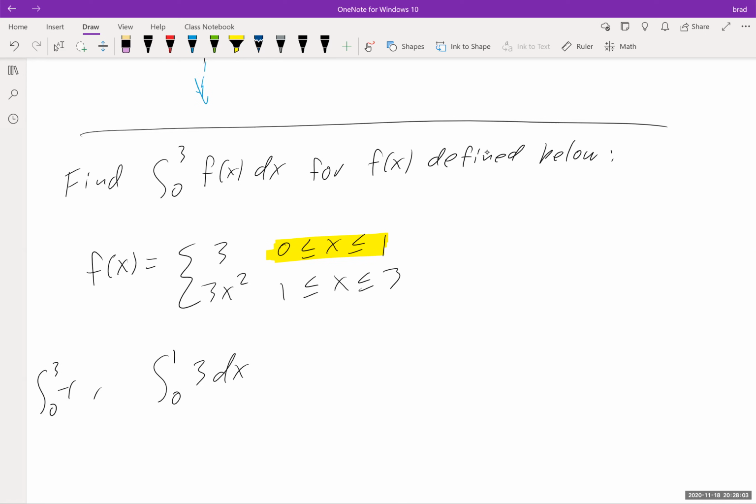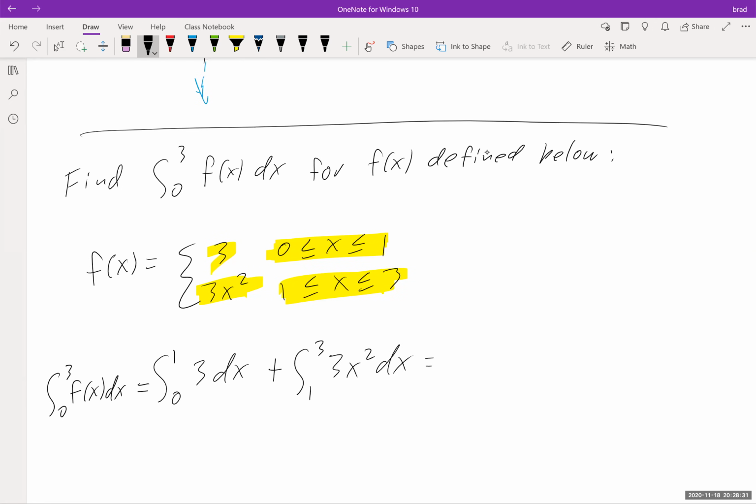Let me write this a little cleaner. So the integral from 0 to 3 of f of x dx is going to be the split of these two integrals added. So plus the integral from 1 to 3, right? So now I'm doing this domain restriction, but I got to use 3x squared. So this would be 3x squared dx.